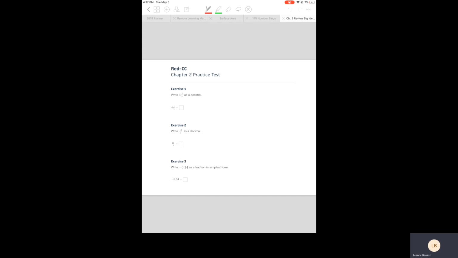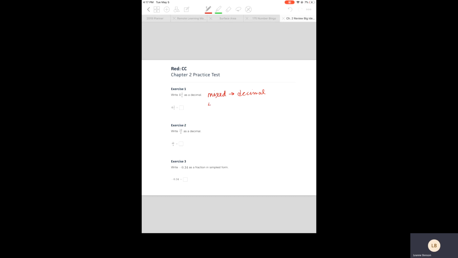So the first question is asking to put a mixed number into a decimal. The easiest way to get a fraction or a mixed number into a decimal would be to use your calculator and divide the top by the bottom.